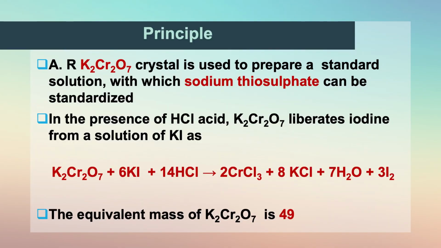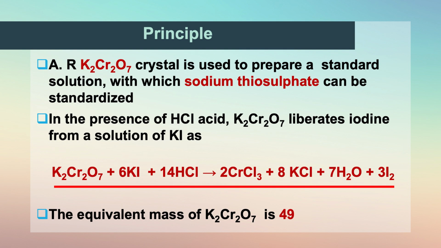Now, in the presence of acid, hydrochloric acid preferably, potassium dichromate liberates iodine from a solution of potassium iodide. The reaction responsible for the liberation of iodine from potassium iodide with acidified potassium dichromate is shown here. Potassium dichromate plus 6 KI plus 14 HCl produces 2 CrCl3 plus 8 KCl plus 7 H2O plus 3 molecules of iodine.